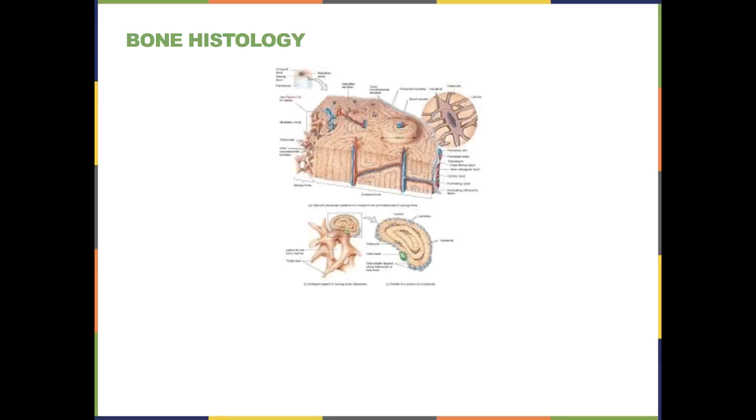Now the other type of bone is the compact bone, which is shown on the diagram in the top. And what you see to the left on that first diagram is some cancellous bone, but most of the bone on the right is compact bone. And compact bone is made up of tightly packed cylinders of bone called osteons.